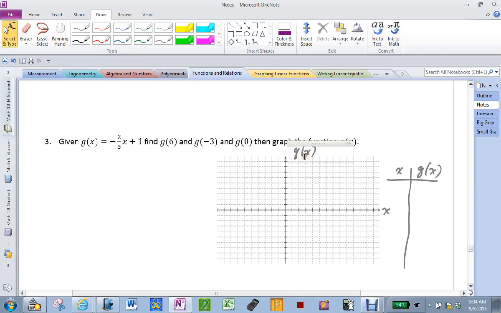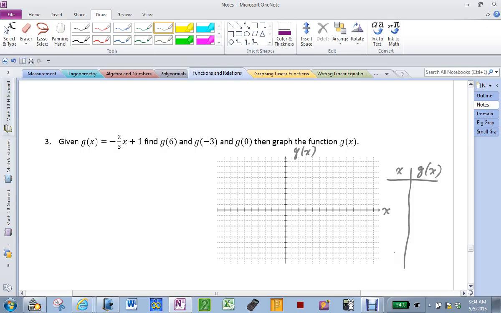Now how do I fill this in? This always causes kids problems. If you are doing this question, what numbers do you put in for X? Do you have the choice of any numbers you want? Who chooses the input? You do.